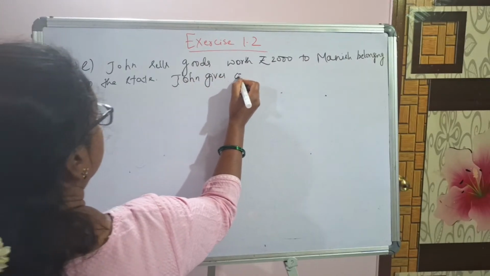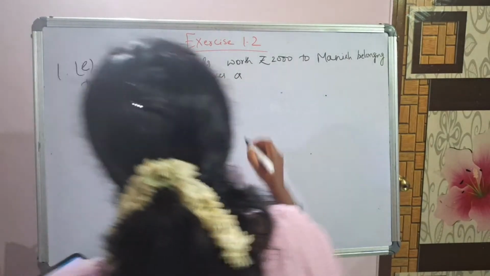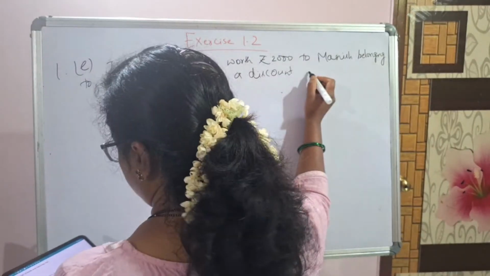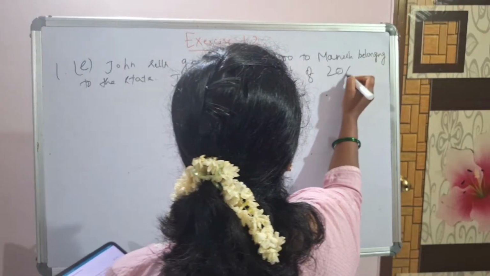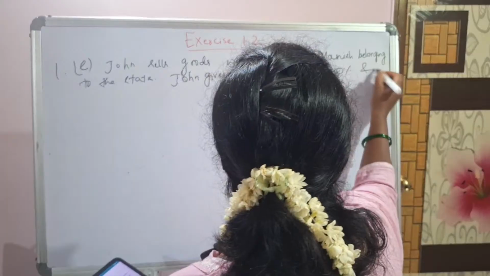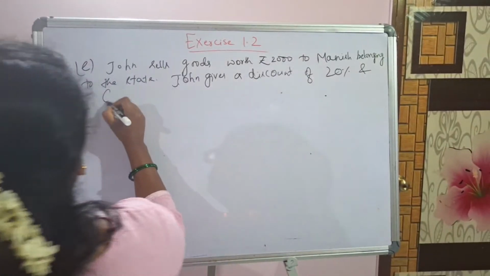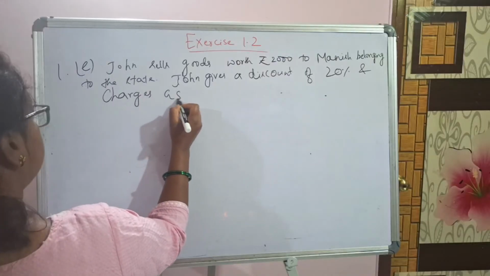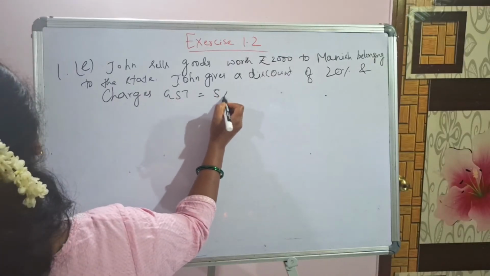John gives a discount of 20% and charges GST equal to 5%.